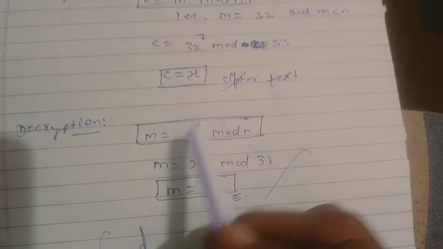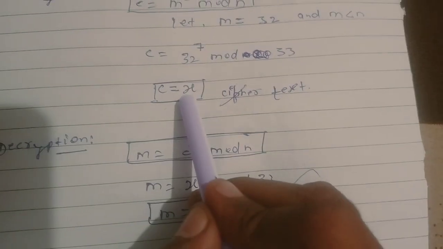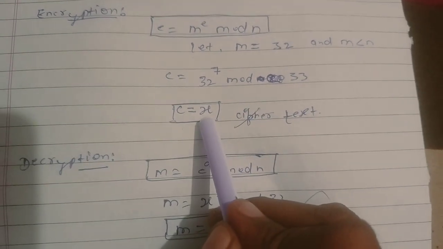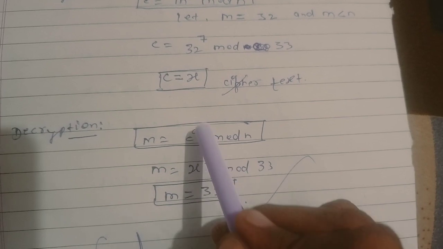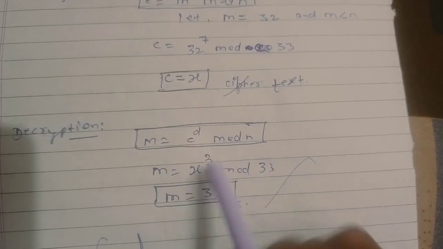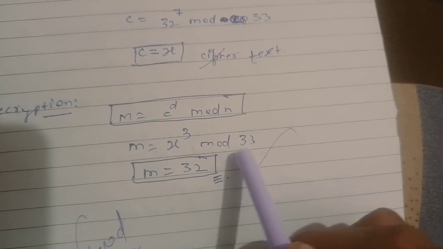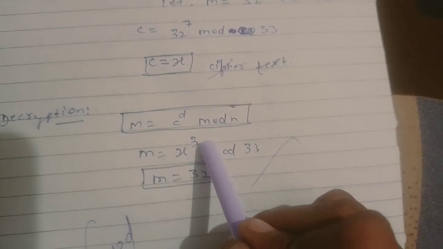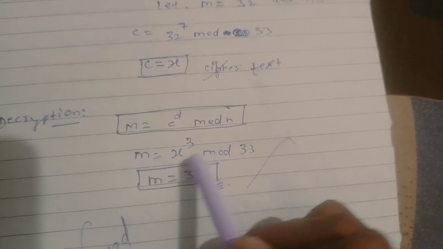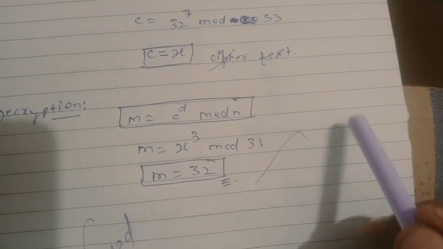The ciphertext is x, which is received at the receiver side, so x to the power 3, because 3 is the value of the receiver's private key, mod 33. Again x to the power 3 is a number which is not easily calculated manually; it takes more time.